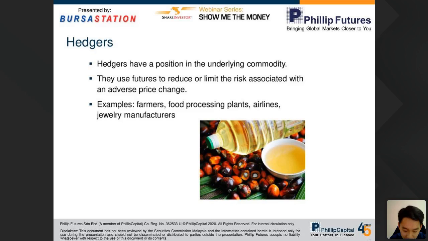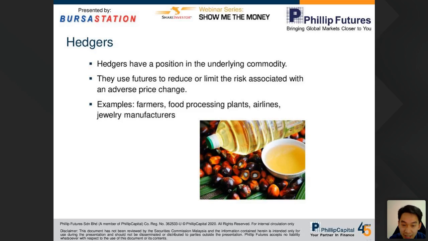So the end result is, as the market goes down, the hedger will get profit from shorting the FCPO because price is going down. You are earning profit as you sell. On the other hand, in his main business, he's not able to sell that high.